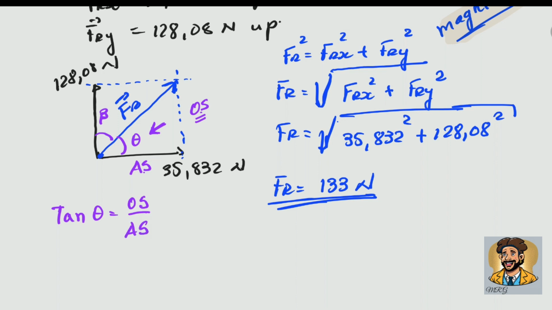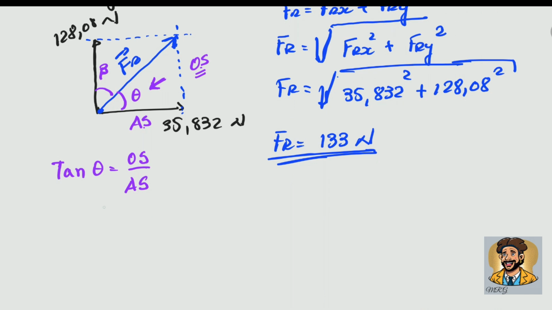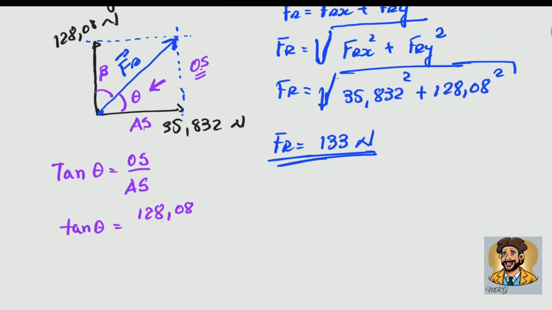All right, so what do we get? Tan of theta is equal to the opposite side, the y component, which is 128.08, divided by the x component, the x resultant, which was 35.832. You calculate this and you get 3.574.